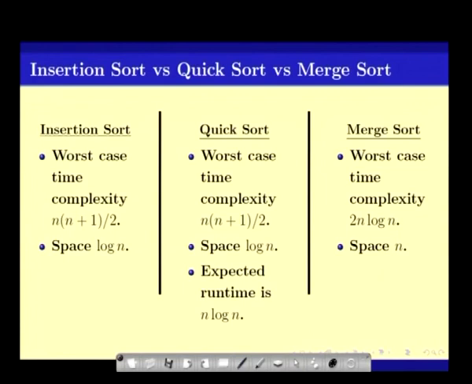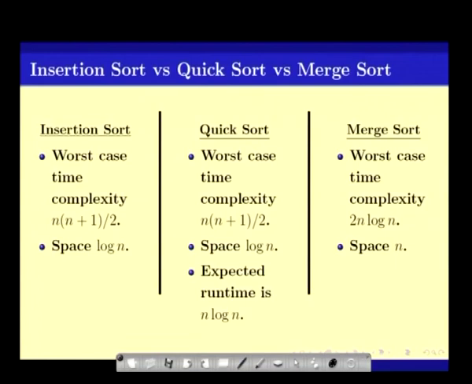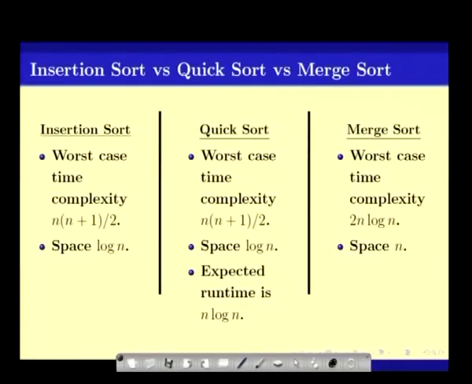Comparing quick sort and merge sort, merge sort has a much better time complexity in the worst case running time, but in space complexity quick sort is better. Also, in general, since the expected runtime is n log n, there are many times when quick sort performs significantly better than merge sort even in terms of time complexity. In the worst case runtime, theoretically merge sort is the algorithm to be chosen. Many times in practice people do use quick sort.